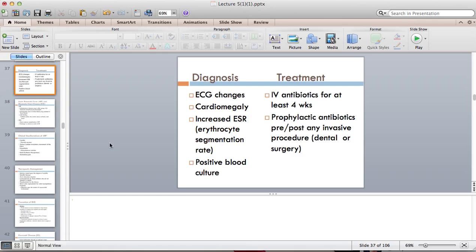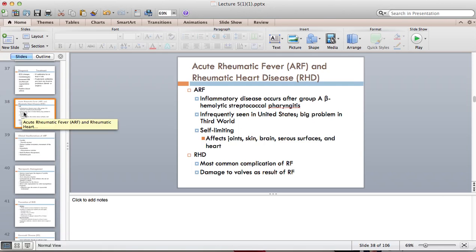Another problem will be rheumatic heart fever, which is a Group A beta-hemolytic streptococcus infection, and this is one of the reasons why we need to treat sore throat effectively, because if not, that can go on to affect the heart.